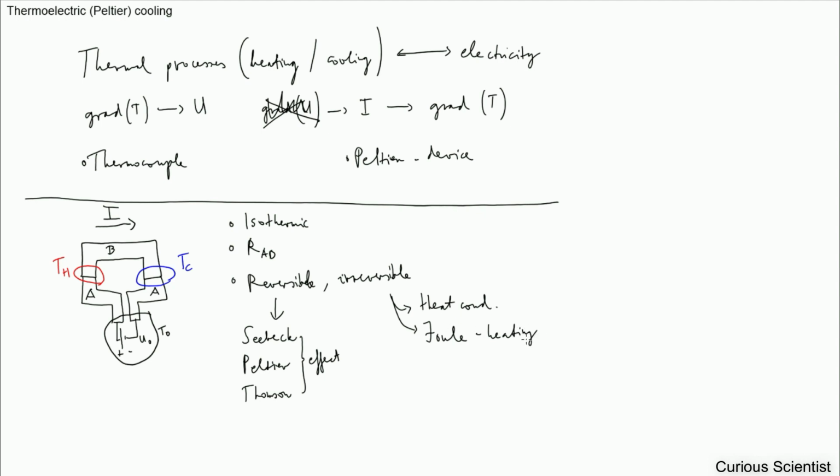So if you have current running through the circuit, then these 5 effects occur. I would like to go through these effects one by one and explain them, how they affect your Peltier device and how you can improve your device. So I listed 5 effects.